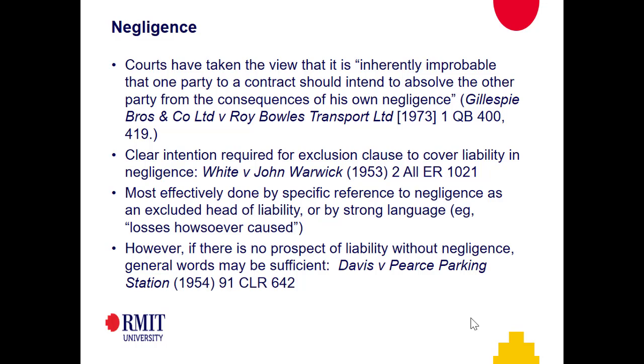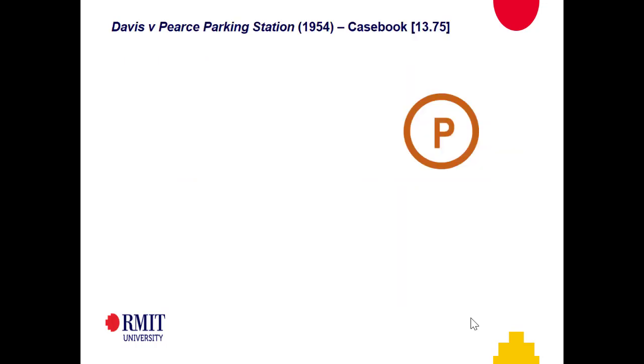And this is the case I was thinking of when I mentioned Shoe Lane earlier. Davis and Pearce Parking. That is really hard to say, much easier to write down. It's an oldie but a goodie. Pearce Parking ran, not surprisingly, a parking station.